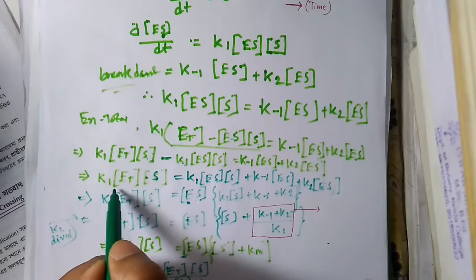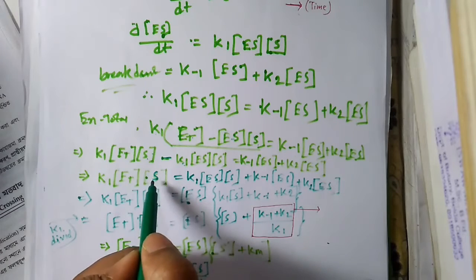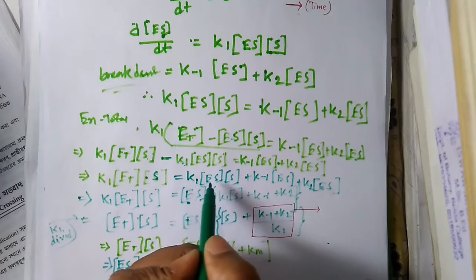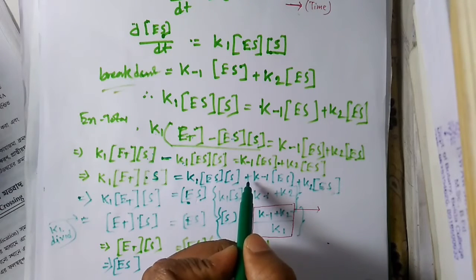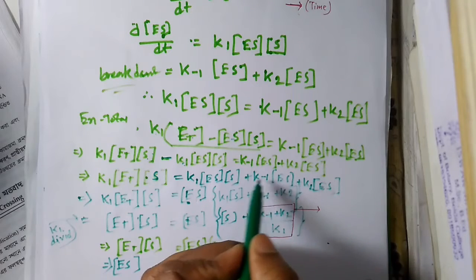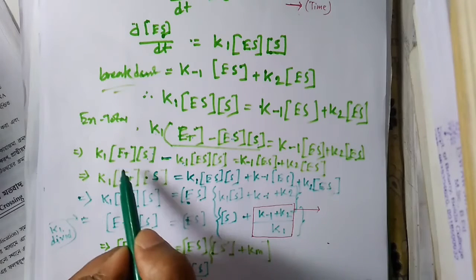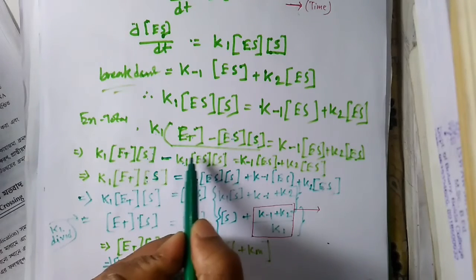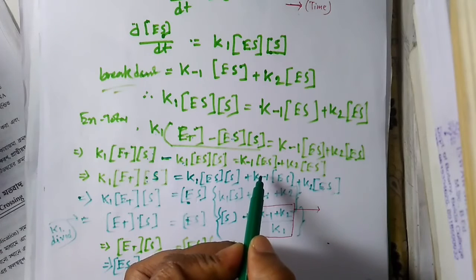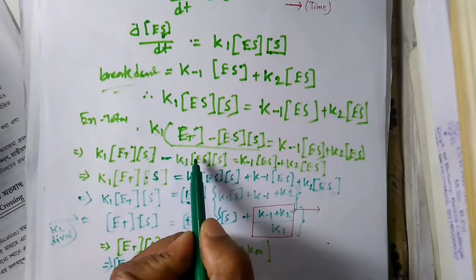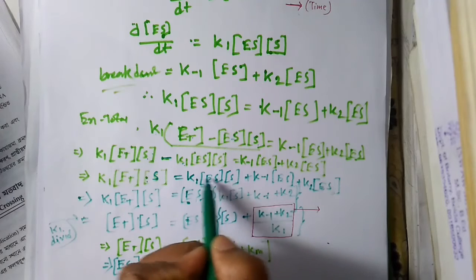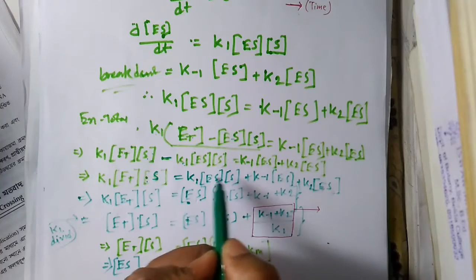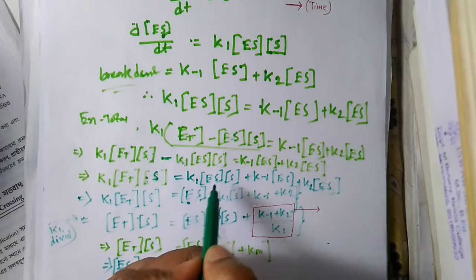Next, K1 ET S is equal to K1 ES S plus K minus 1 ES plus K2 ES, as the term moves to the right side and becomes positive.